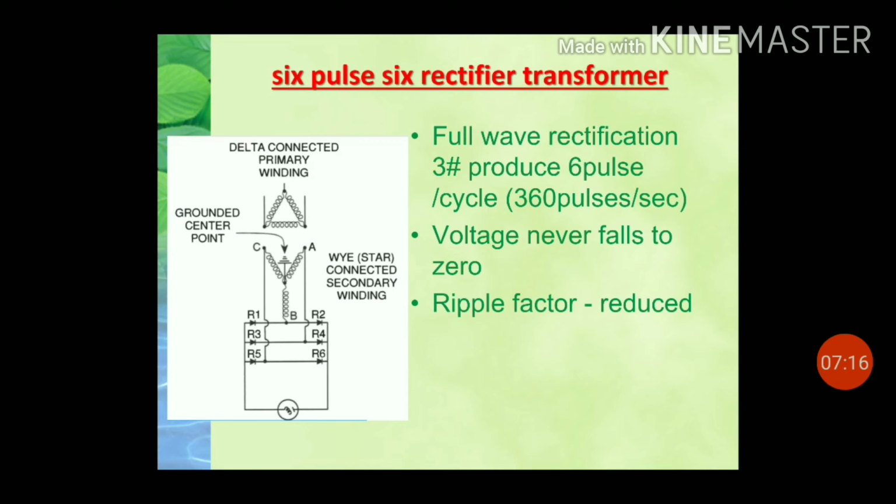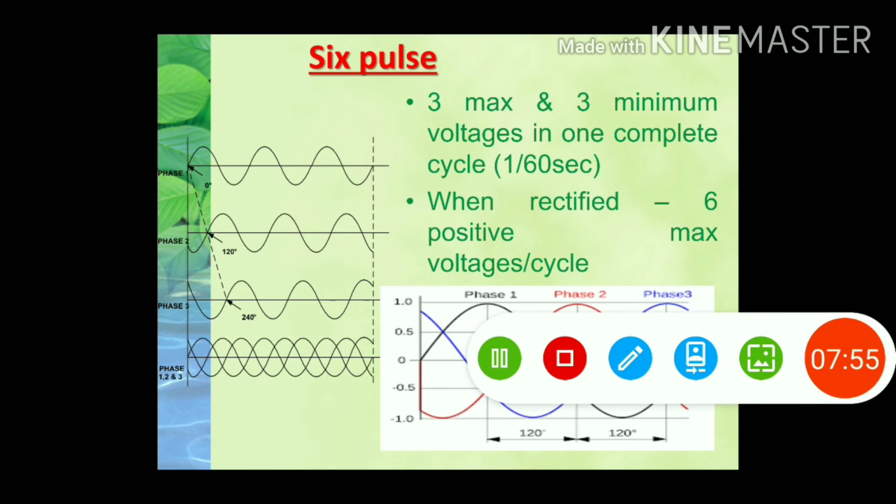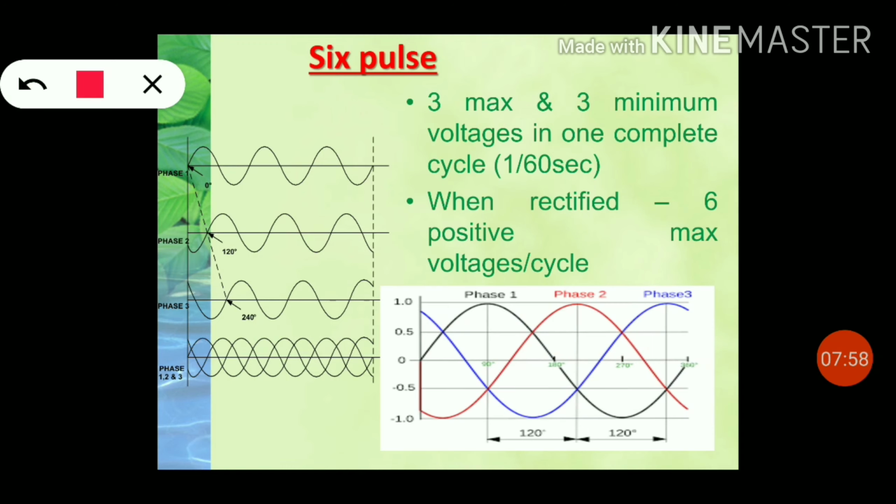Next is the 6 pulse 6 rectifier transformer. Here the rectifier arrangement will be a full wave rectification. Each voltage is shown in a figure. The rectifier arrangement will full wave rectify each of the voltages shown in this figure.